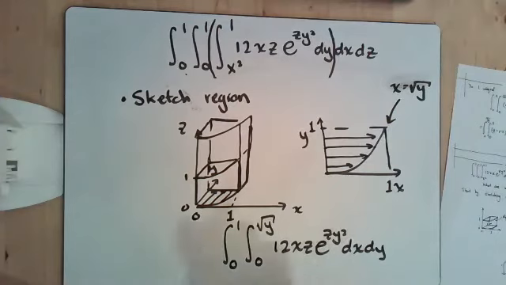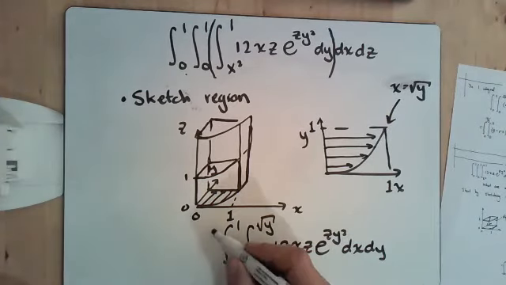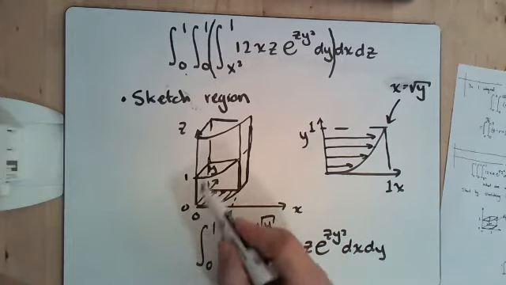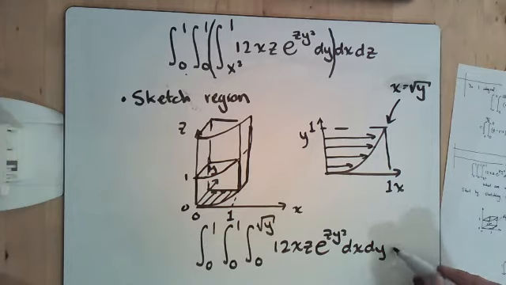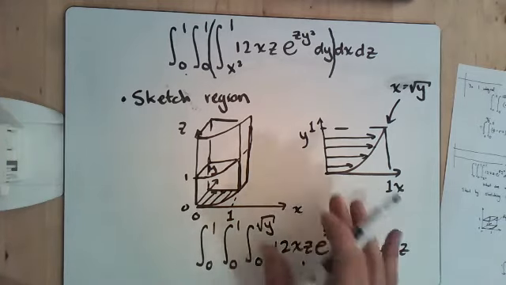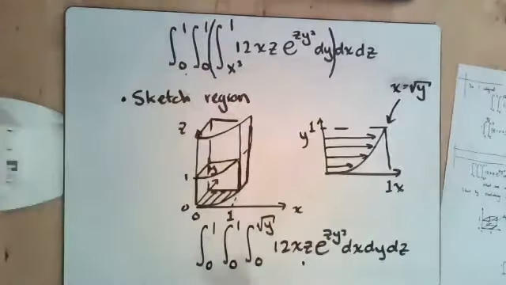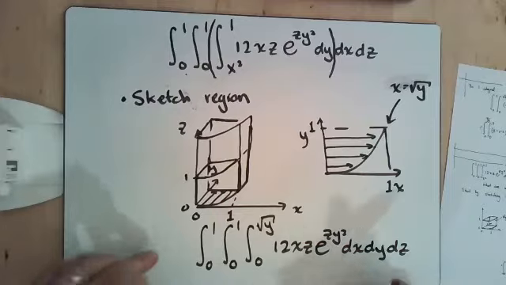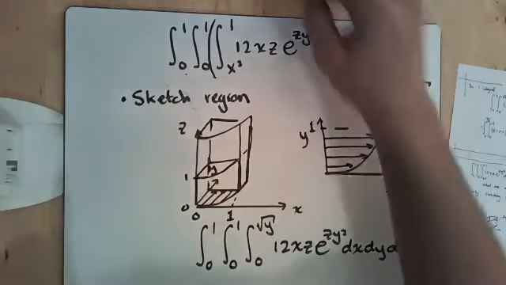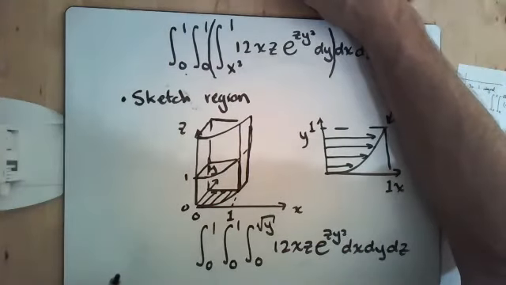So by changing the order of integration, I'm going to be able to solve this integral. And of course, we're integrating from 0 to 1 with respect to z. All right, so this is the integral that we need to solve. That's the appropriate change of the order of integration that's going to allow us to solve it. So let me bring this up, and then we'll go ahead and get the solution.